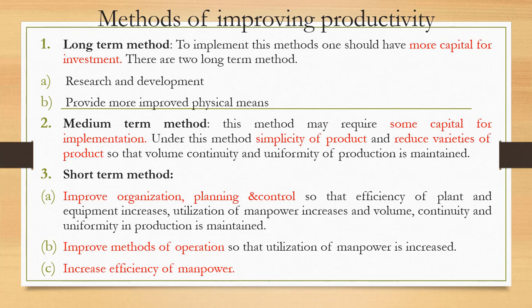If we can provide training and utilize resources properly, then efficiency of manpower can also be increased. So the short-term method focuses on developing the system as a whole, not a particular area, but it develops resources, manpower, and tools and equipment that are going to be utilized, and hence it results in better quality product and better production rate.